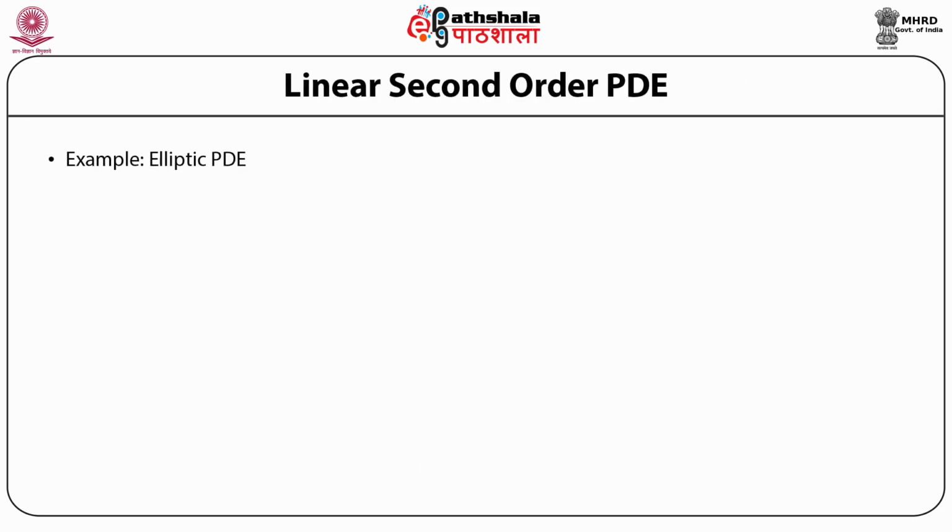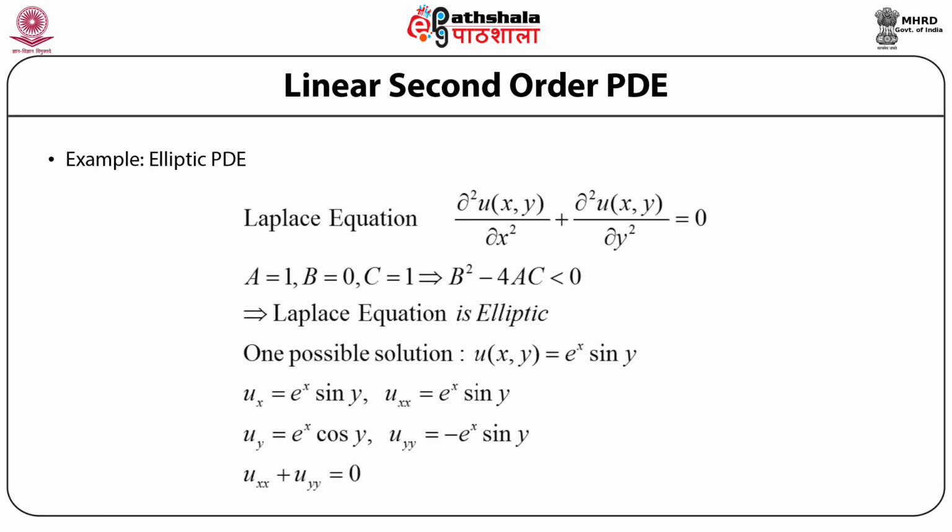We are going to see the Laplace equation, which is an elliptical partial differential equation. Dou squared u of xy by dou x squared plus dou squared u by dou y squared is equal to 0. Now we can see a is equal to 1, b is equal to 0, c is equal to 1. So b squared minus 4ac is less than 0, so the equation is elliptic.